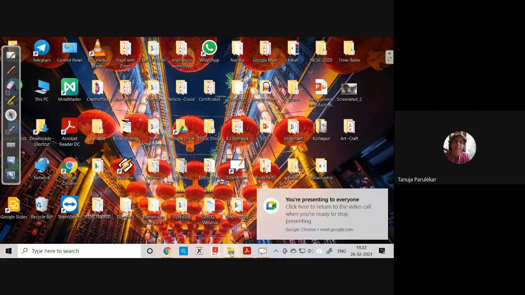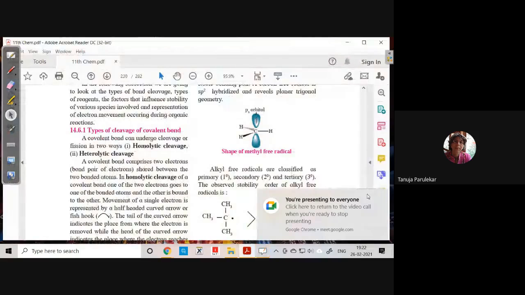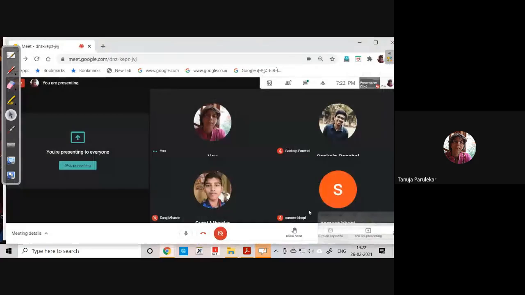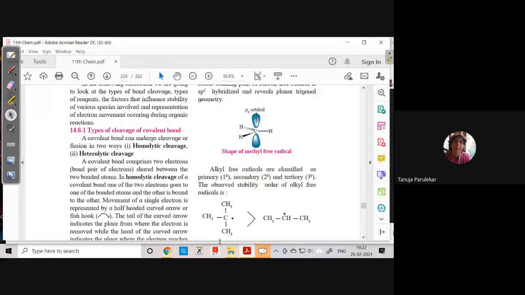Now what happened to this? Yeah. So now there are different types of cleavage in a covalent bond. Cleavage means breaking of the covalent bond.